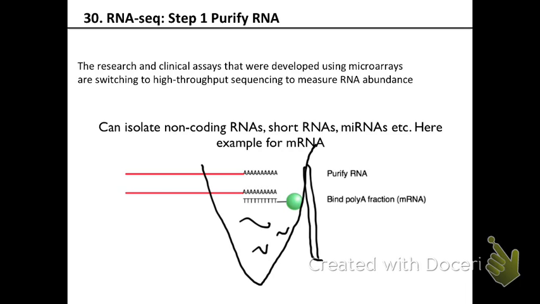You can use a magnetic stand, and everything that has that magnetic bead with the poly-T that binds to the mRNA is going to stick to the side where you have the magnetic stand, and you can wash away everything else, so you can isolate the RNA that you are interested in, right? Does that make sense?